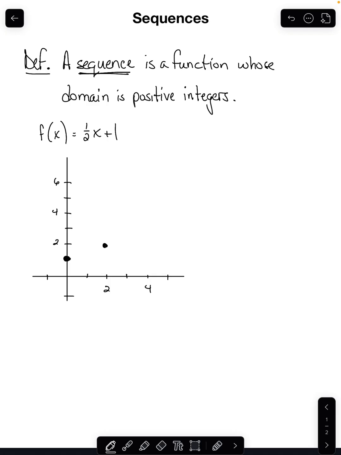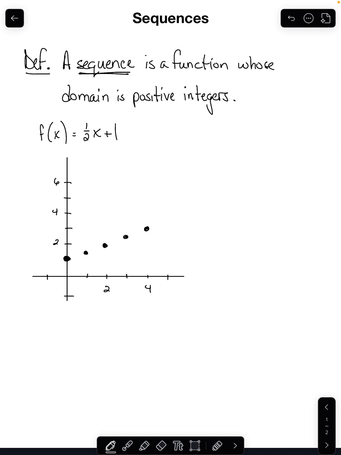If we chose to, what we could do is in between them at x equals 1, we could mark a y value of 3 halves. At x equals 2, we'd have a y value of 2. At x equals 3, we'd have a y value of 5 halves. At x equals 4, a y value of 3.